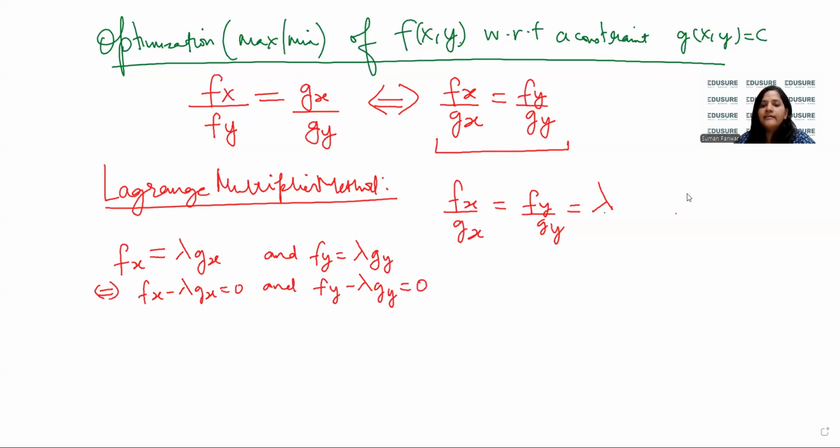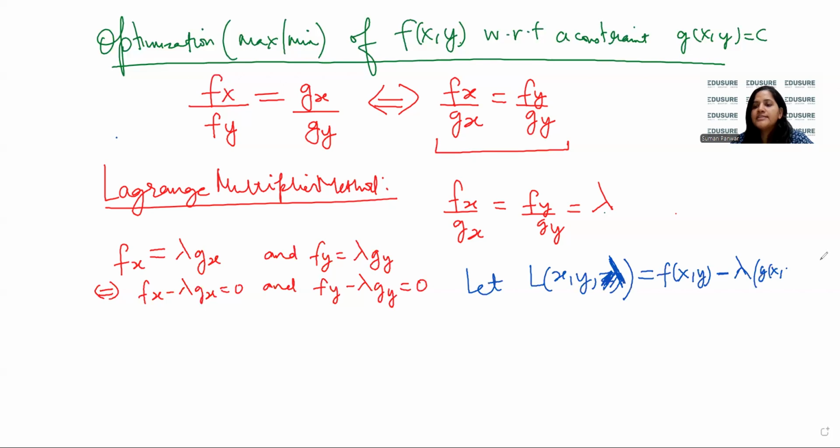So let us define a Lagrange function L of x, y, and lambda, which is defined as f(x,y) minus lambda times (g(x,y) minus c).